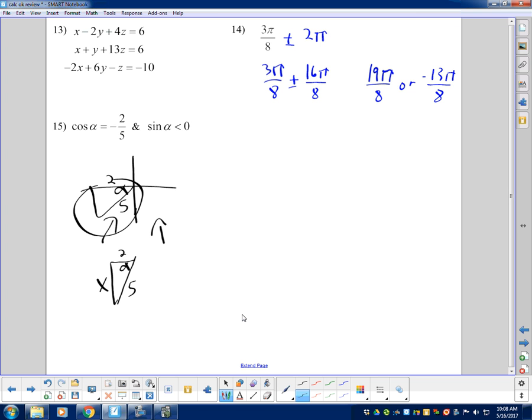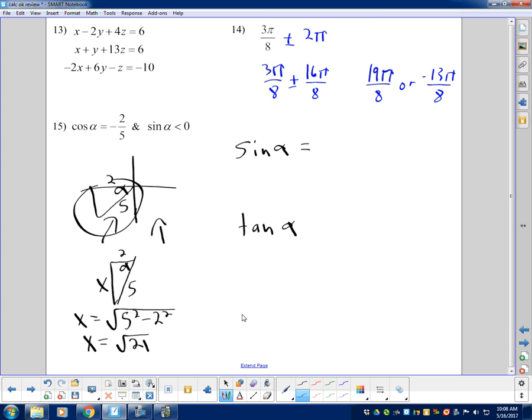It says find sine and tangent. Using the Pythagorean theorem, x equals the square root of 5 squared minus 2 squared, so x equals the square root of 21. Now I have everything I need to find sine of alpha and tangent of alpha.